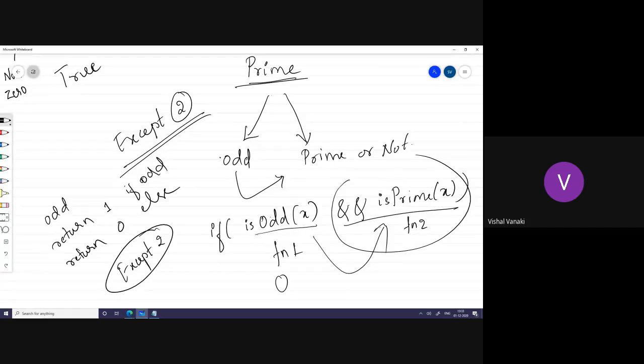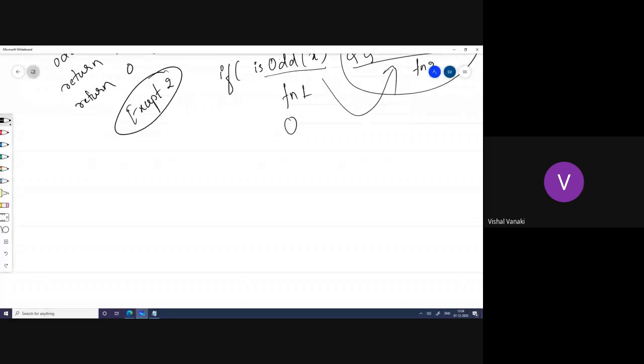So you can reduce the time of unnecessary calculations. In such scenarios, we can use the OR operator or AND operator for evaluation, saving time complexity of a program. So this was about the OR operator.